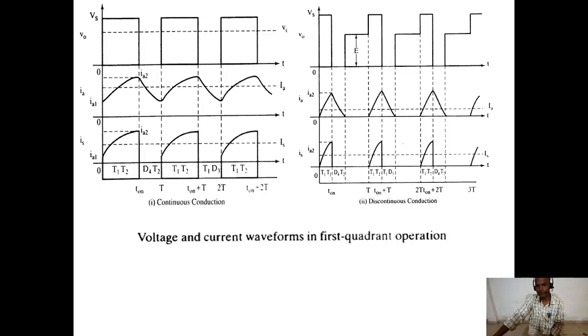The shape of the curves is somewhat different from continuous conduction. In discontinuous conduction mode the magnitude is somewhat lesser, and the shape and size of the curve is slightly smaller compared with the continuous conduction mode.